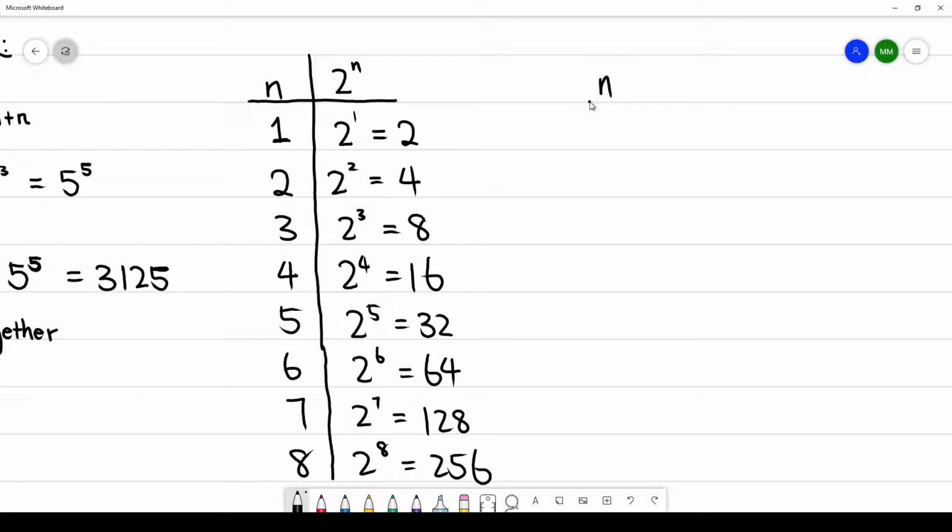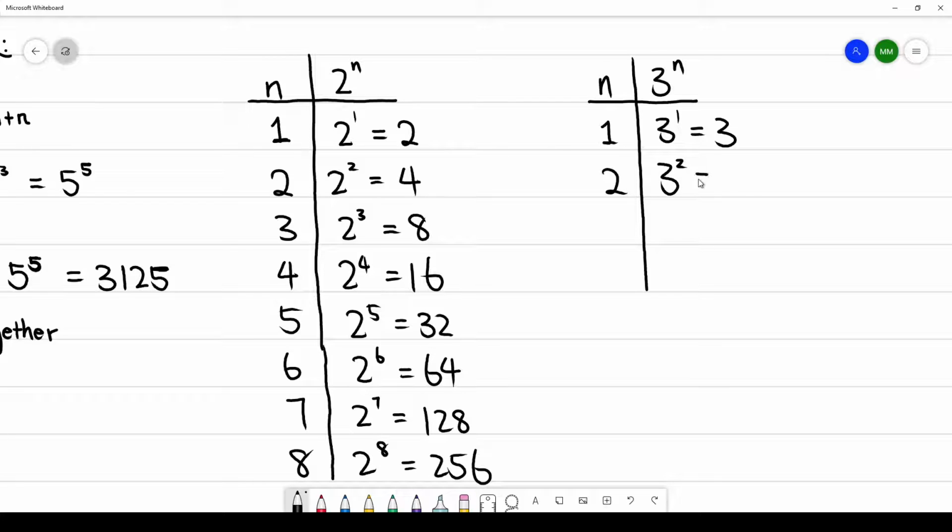So for 3, sometimes when we have the base 3 to the n, 3 to the 1 is always itself, anything to the 1 is always itself. And then 3 to the 2 is 9. 3 to the 3 is 27, that's 3 times 3 times 3.